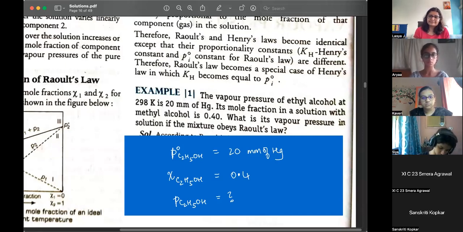Arya also got it. Pretty straightforward, no? The question itself tells you what you're supposed to use. It says the mixture obeys Raoult's law. What else do we use? The direct Raoult's law formula. Sia got it. Smera got it. Nice.